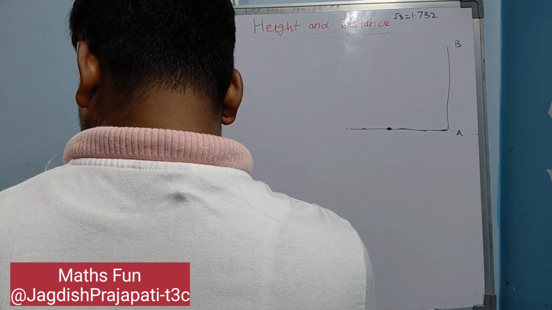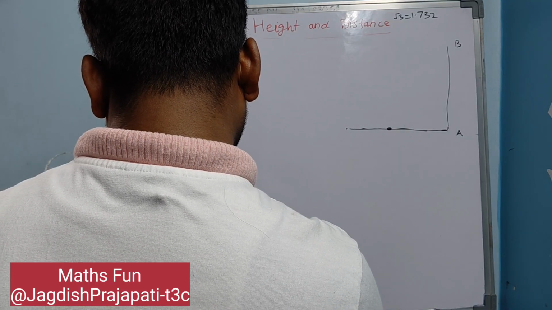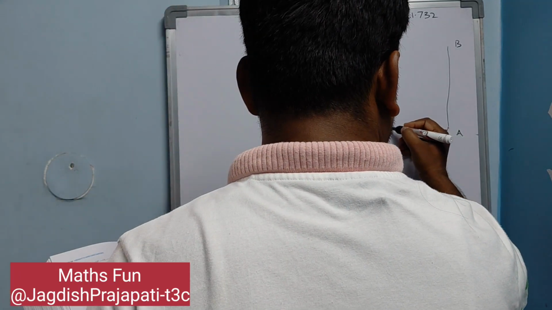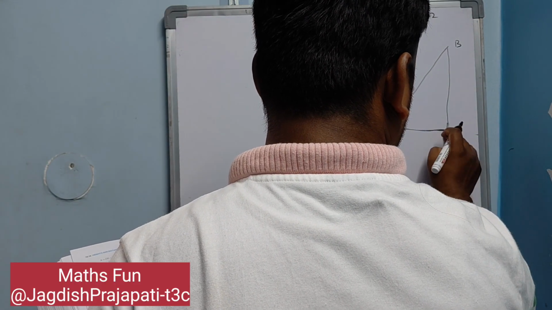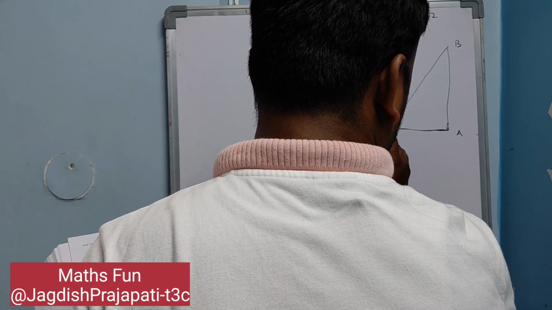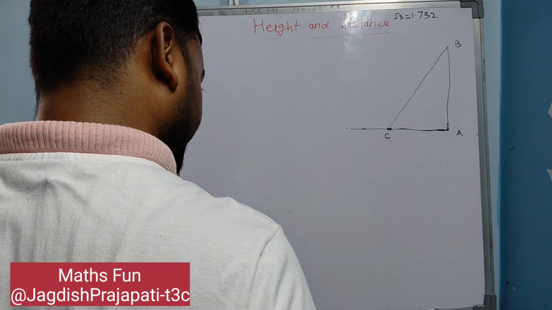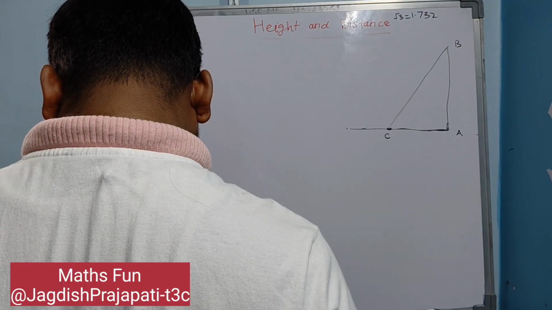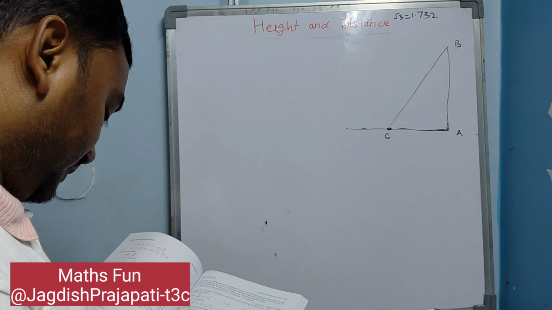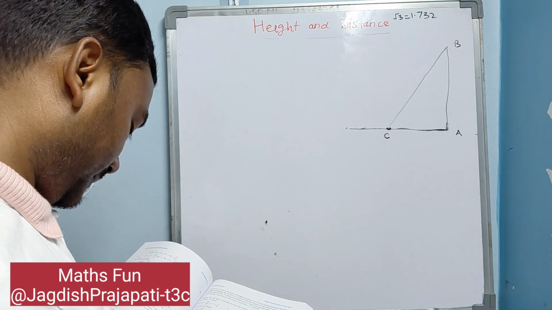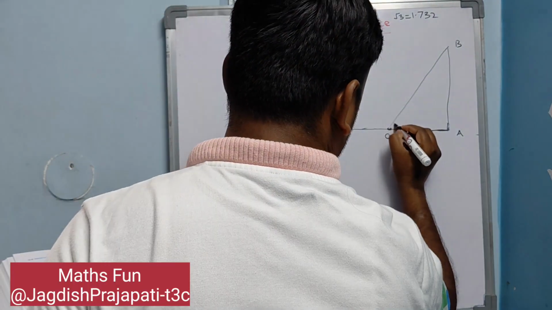The angle of elevation of a tower from a point on the same level as the foot of the tower. So here it is saying the angle of elevation. So this is the foot of the tower. So the level is same. Let's say this is C. The angle of elevation is 30 degree. This is 30 degree.